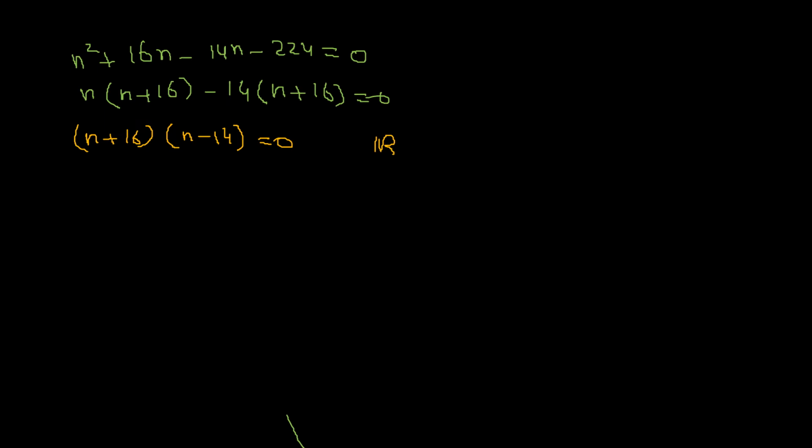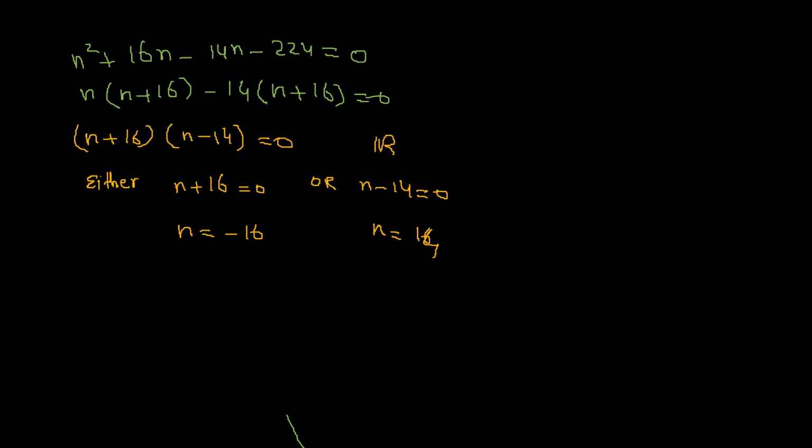So that's why either n plus 16 equals 0 or n minus 14 equals 0, which makes n equals minus 16 and n equals 14. Since n denotes the number of months he requires to repay his loan, it must be positive, it cannot be negative.